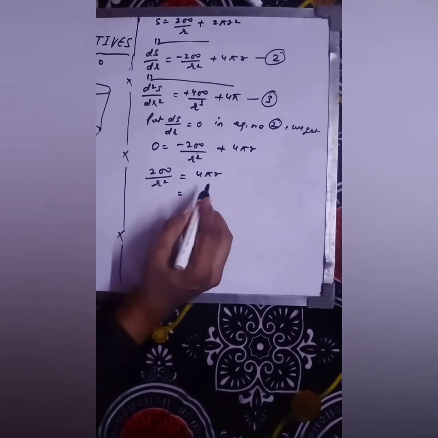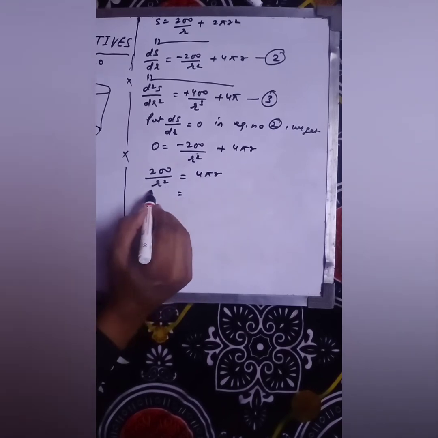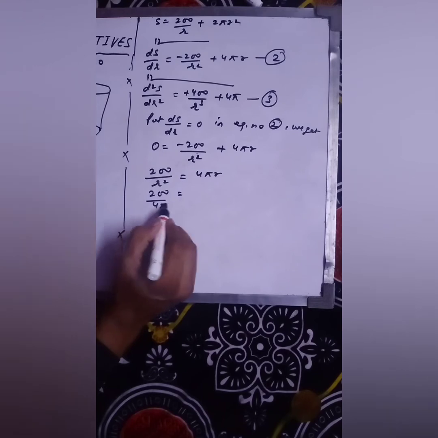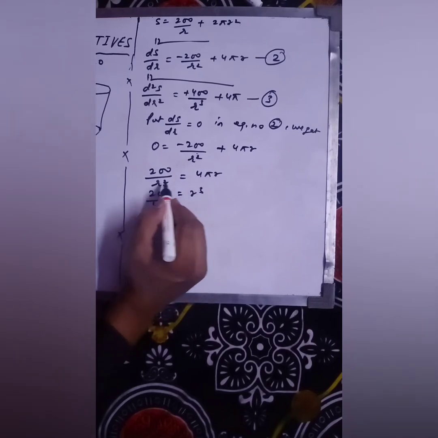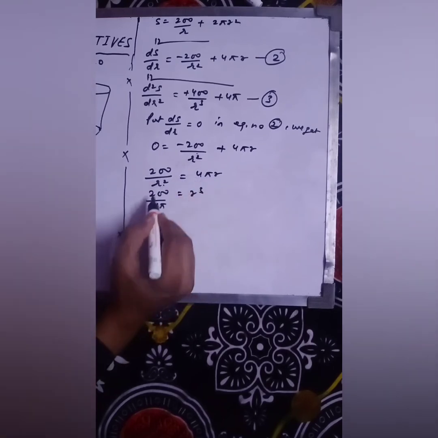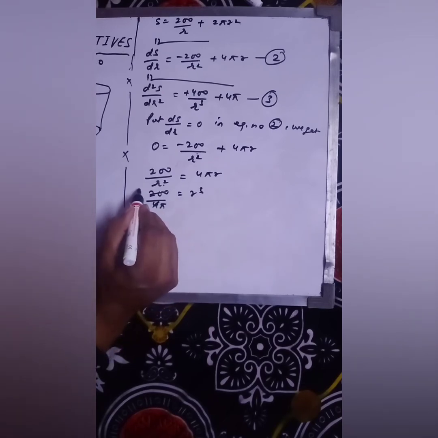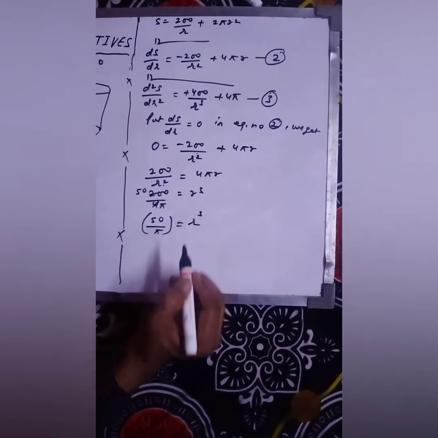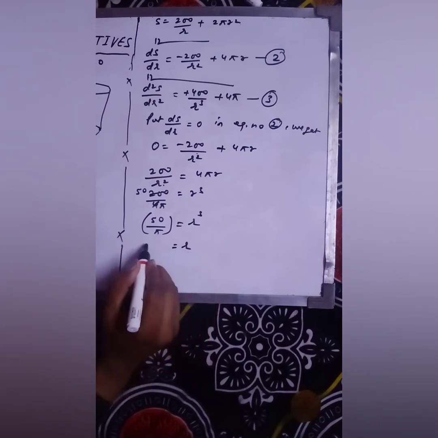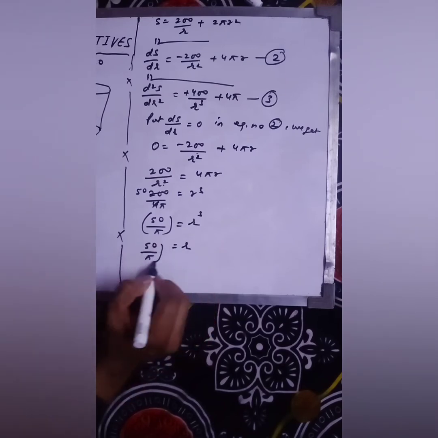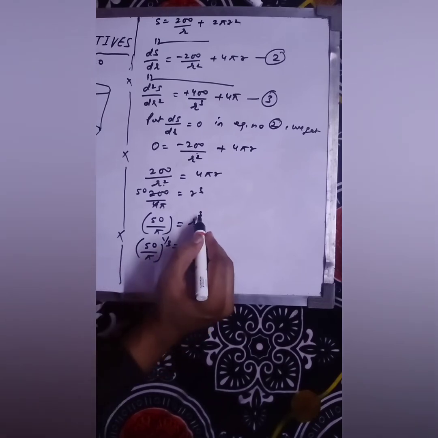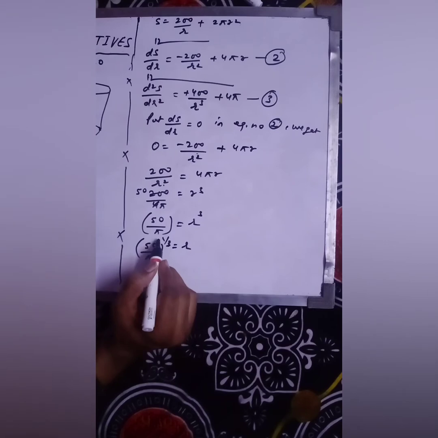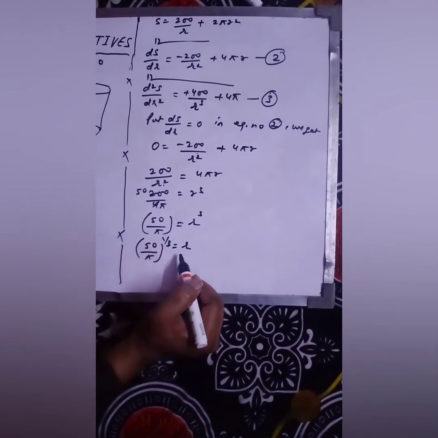Now 200 upon 4 pi is equal to r cube. This r square will come here and 4 pi will come in the denominator, so you can cancel these two. You'll get 50 upon pi equal to r cube. So your r would be 50 upon pi, the whole raised to power 1 by 3, because it is cube here, so when it comes here the power will be 1 by 3. So this is the value of r.